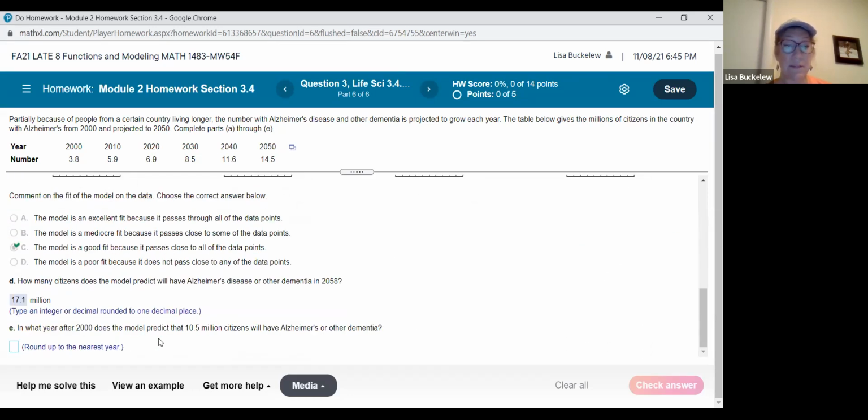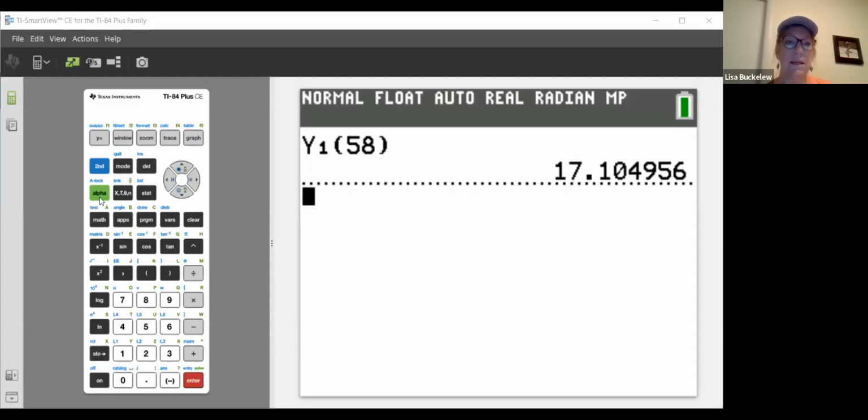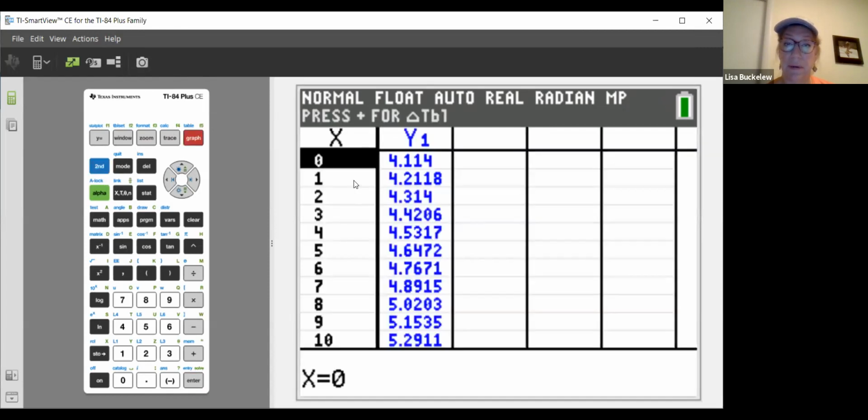In what year after 2000 does the model predict? So there are so many ways to do this. I don't want to confuse by showing too many ways, but let's see what the table says. Let's see if my table is set up. We're looking for 10.5. So let me go to my table and see if the table is set up.